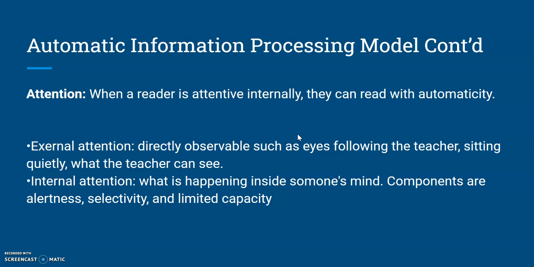Components include alertness, selectivity, and limited capacity. When a reader is attentive internally, they can read with automaticity, which means that they can complete the reading task without giving too much attention to the decoding of words.